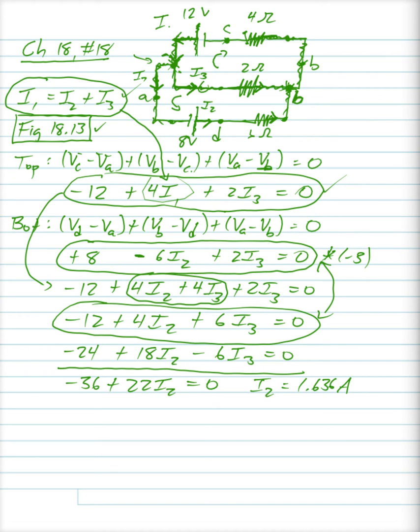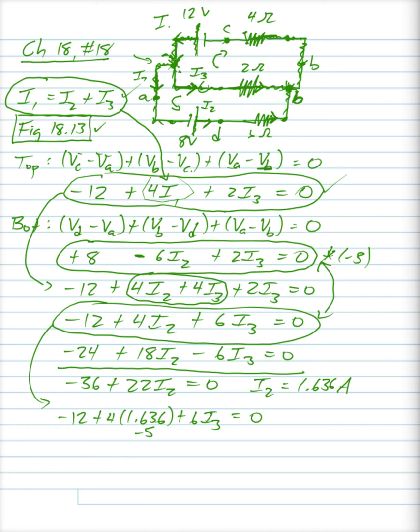Okay, now I can solve for anything. I guess I'll solve for I3. So I'm going to take this equation and I get minus 12 plus 4 times 1.636 plus 6I3 equals 0.